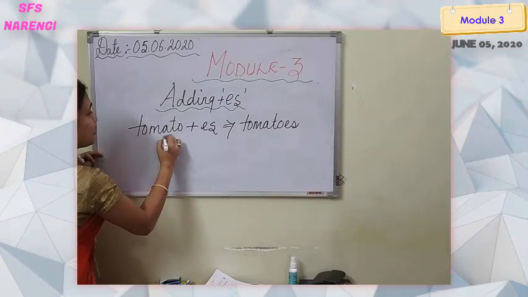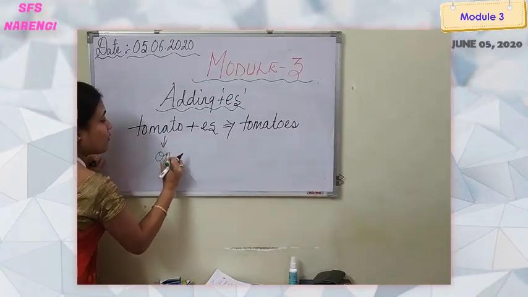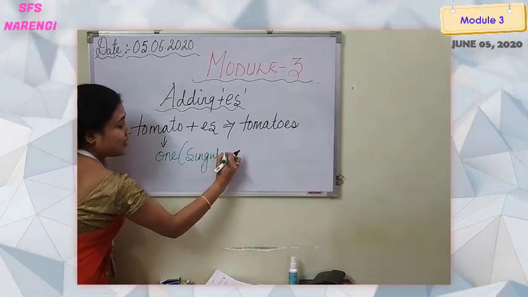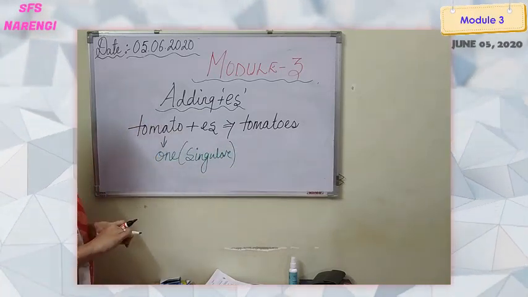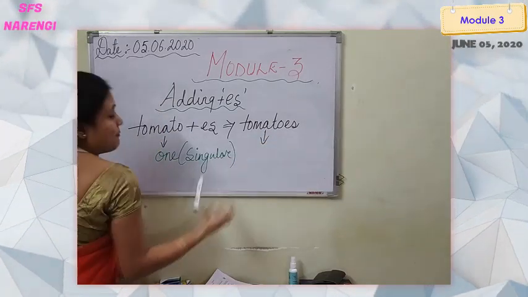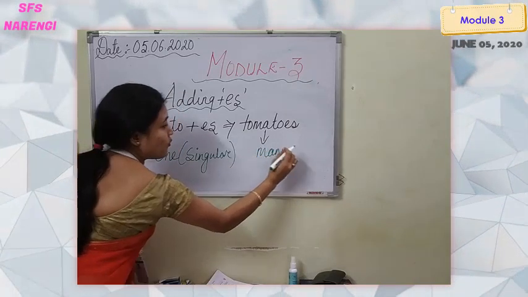Yes? So here, tomato is one. One means singular. Yes, it is singular. As we have added es, we have made that plural. Plural means many. Yes? M-A-N-Y.